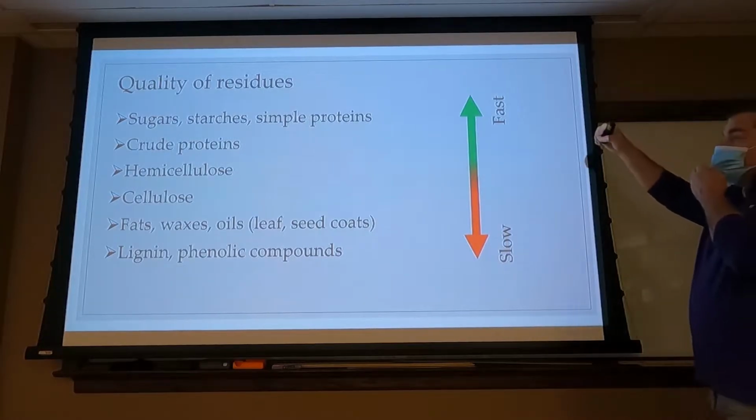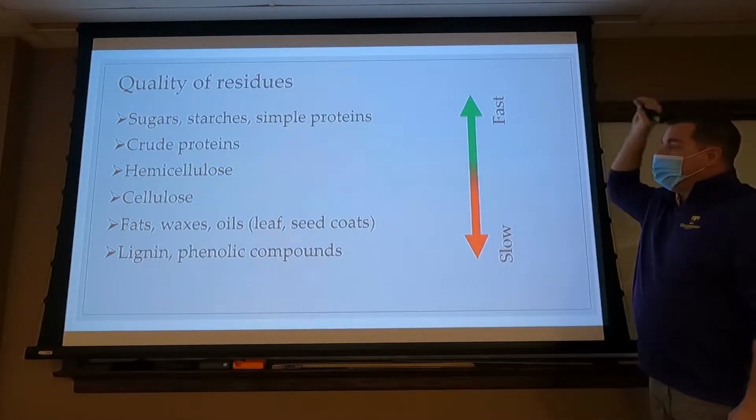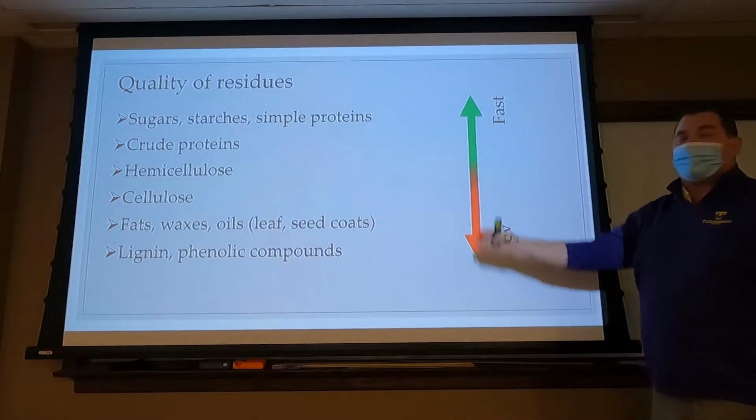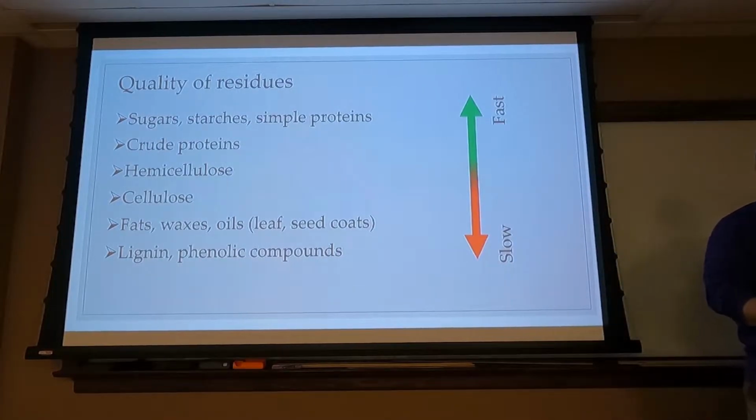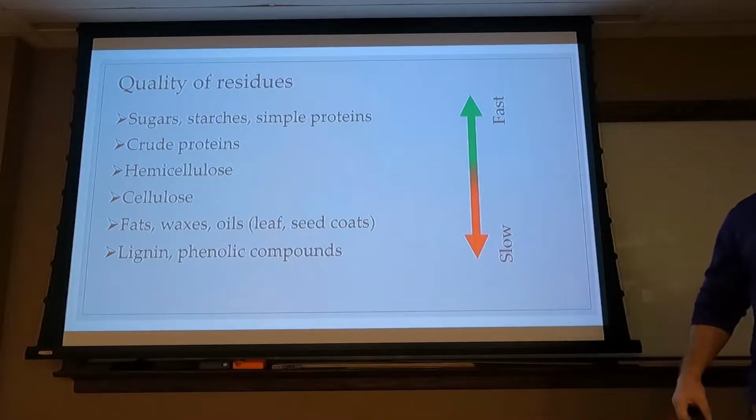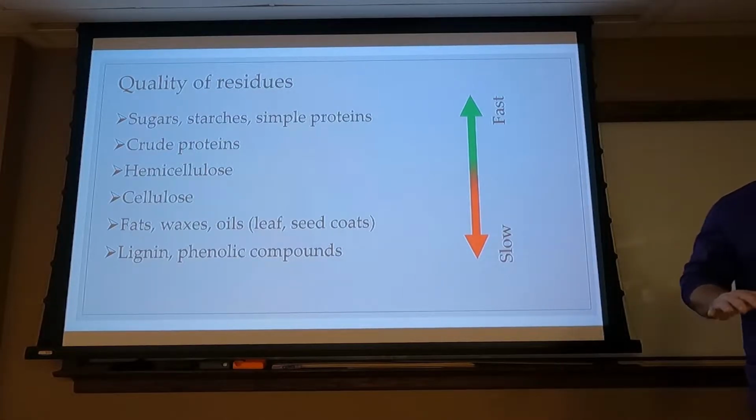The quality of the residues is basically how well those structures break down and which ones those microbes can decompose the quickest. I use this example in my soils class. When we go throughout the day, we get a little shaky, and we can tell that we need to get some food real quick.